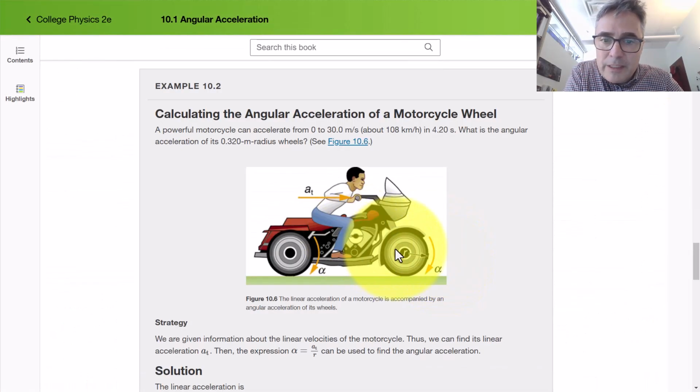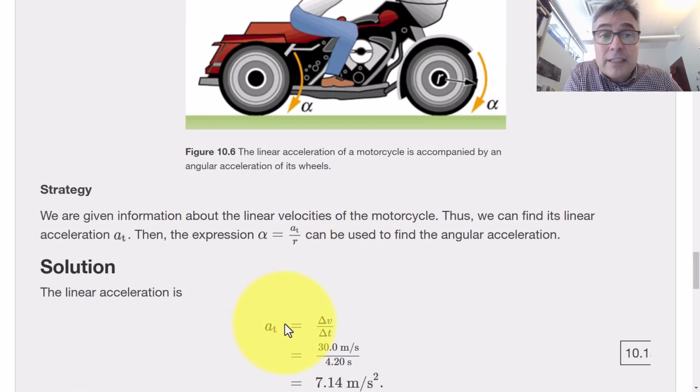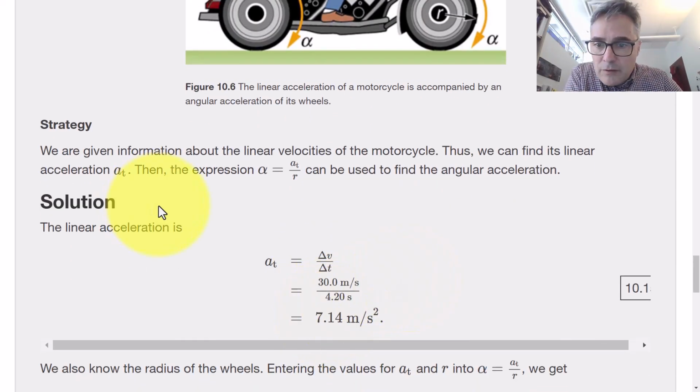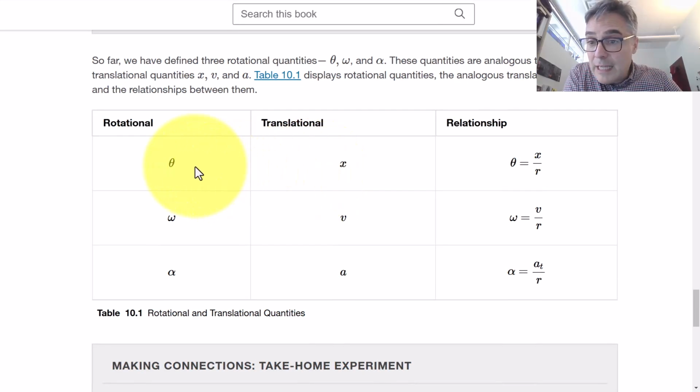So there are some examples of that. For example, when you have rolling without slipping, the angular acceleration of the tires is alpha, and the tangential acceleration is the acceleration of the object that's rolling without slipping, sometimes called linear acceleration. So here's a great table which relates the rotational variable, the translational variable, and their relationship.